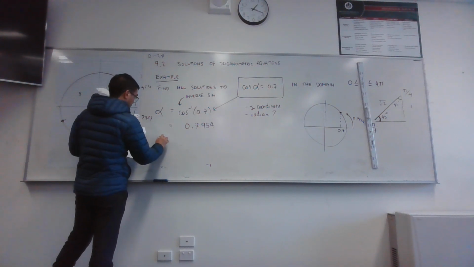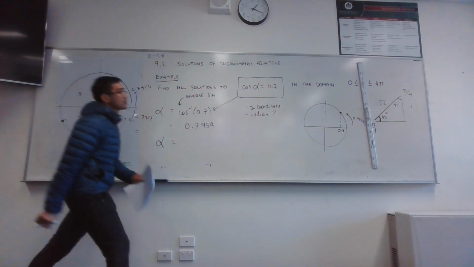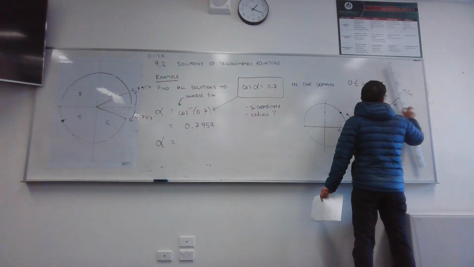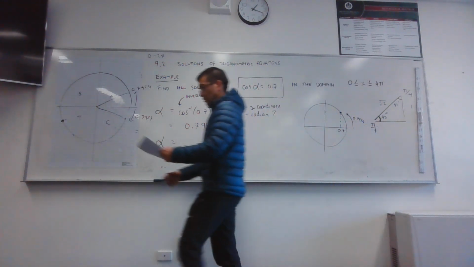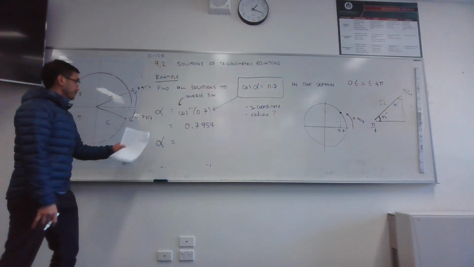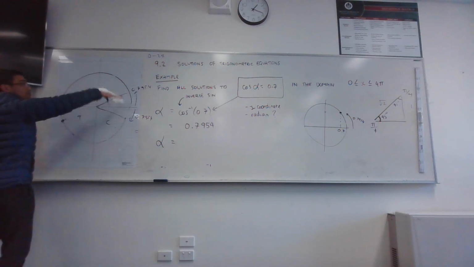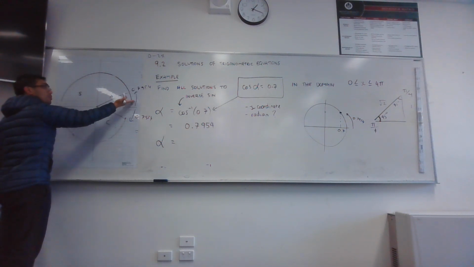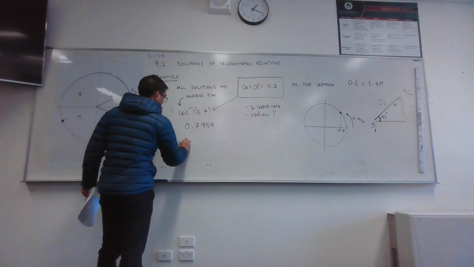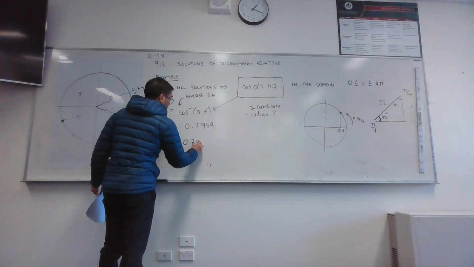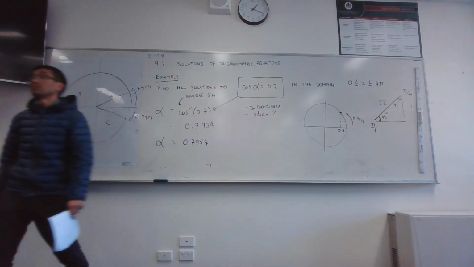So let's keep going. I'm going to move this out of the way because we need to refer to it. First one. What's our first solution if we're going to have a walk until 4 pi? What's our first solution? It's 0.7954. It's already there.